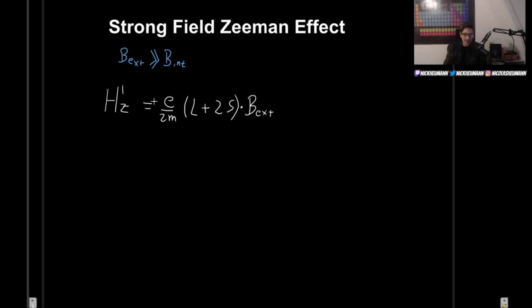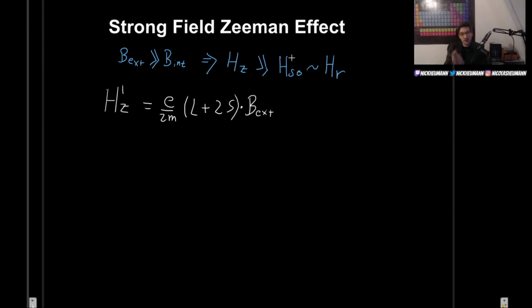In this case, since the Zeeman effect is much greater than the internal magnetic field, which basically means that the Hamiltonian from the Zeeman effect will be much greater than the one from the spin-orbit coupling. And since the spin-orbit coupling is of the same magnitude as the one from the relativistic effect, we know that both of these will be much, much smaller than the Zeeman effect.